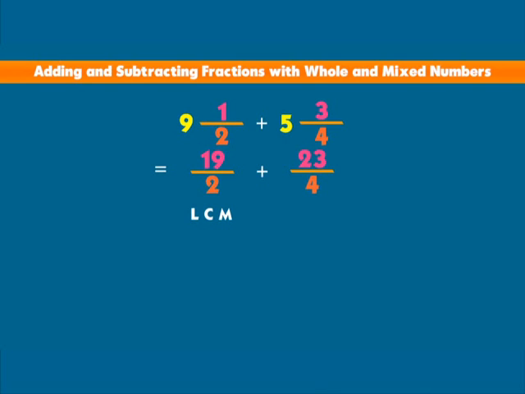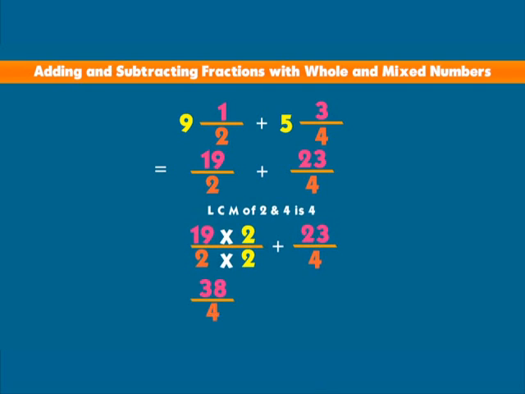The LCM of 2 and 4 is 4. So we have 19 multiplied by 2 over 2 multiplied by 2 plus 23 over 4, which is 38 over 4 plus 23 over 4 equals 61 over 4. Converting back to a mixed number, we have 61 over 4 equals 15 and 1/4.